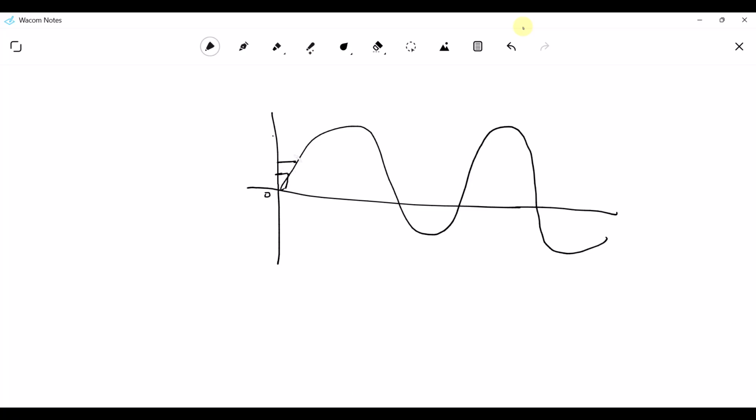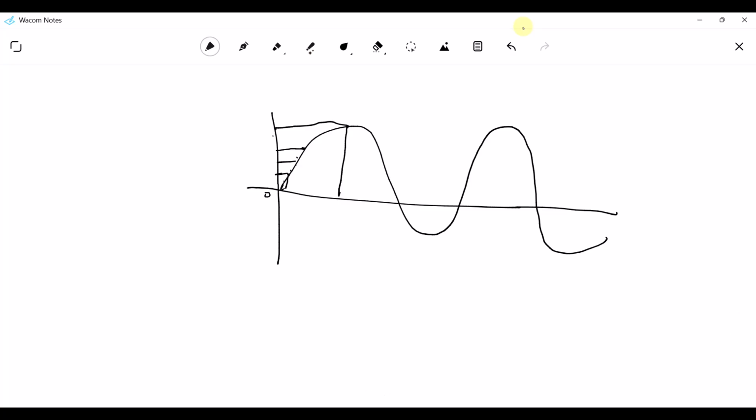This is the amplitude of this signal at this point. And this is the amplitude of this signal at this point. So at every point in time, the signal amplitude can be measured. But the peak amplitude is the maximum amplitude you can get for the signal. So this will be the peak amplitude. This is what amplitude is.